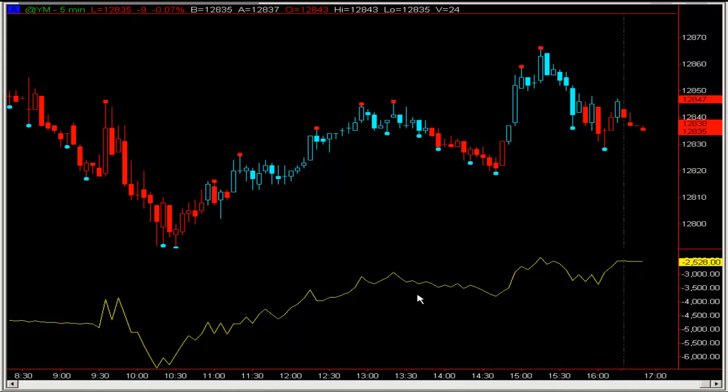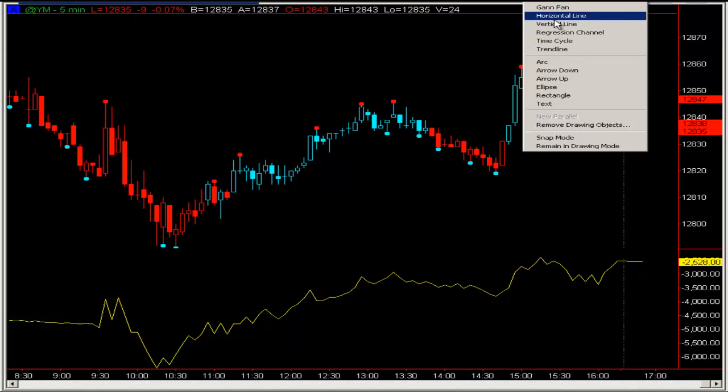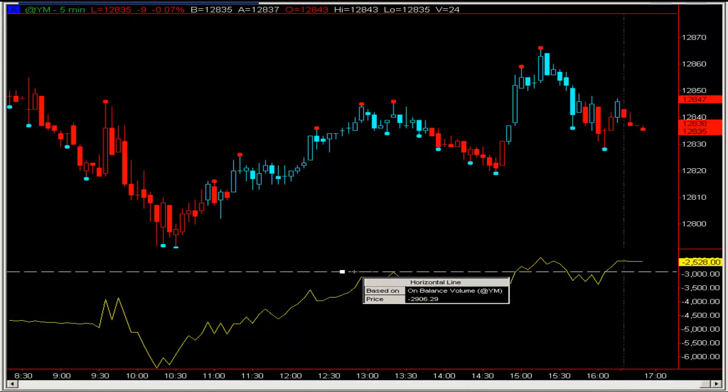If I'm looking to get in, if I'm looking to buy, this is kind of late. It's been doing this for a while. So when it pulls back like this, you can always just add a horizontal line here, and once it goes through that again, you know that the buying is pretty strong again, and the numbers are pushing higher again.